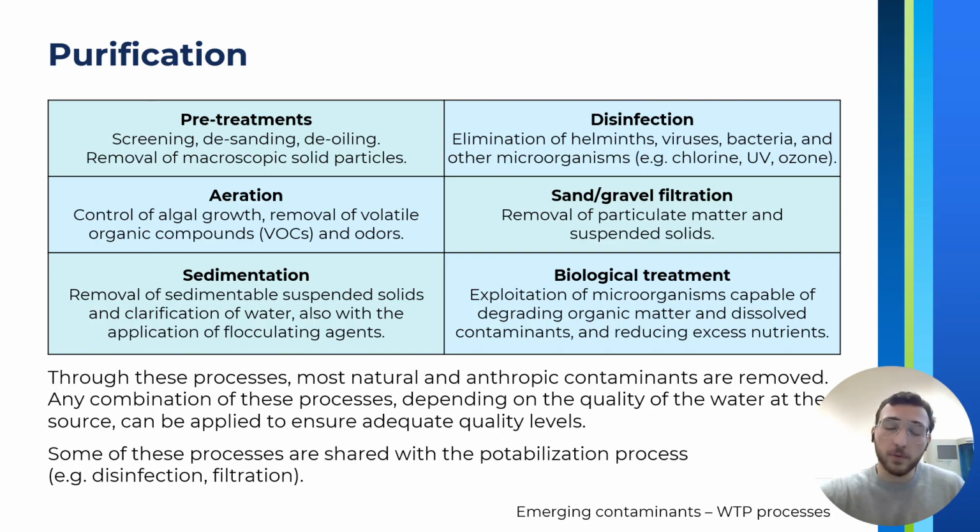Not all of these processes need to be combined every single time, but any combination of these, depending on a case-specific assessment and particularly on the quality of incoming water, may be applied to ensure adequate quality levels and an efficient treatment. In particular, some of these processes are also shared with the potabilization process. This can include, for example, disinfection and filtration processes.